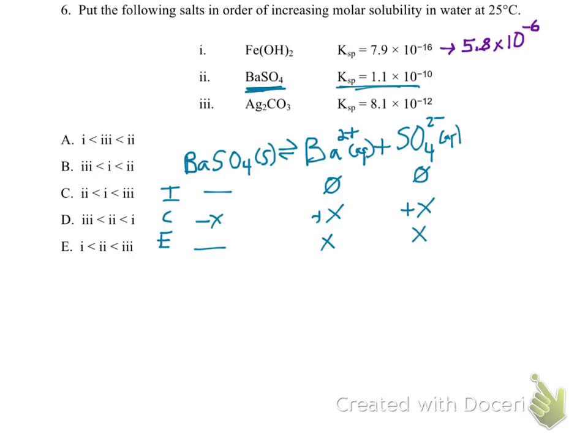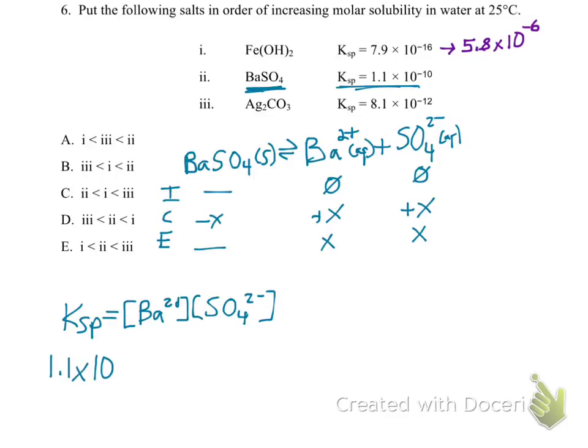Okay, so now we have our ICE table. It's time for us to move on to our equilibrium expression. KSP is going to equal the concentration of barium 2 plus times sulfate. So we'll plug in our values for this. The KSP is 1.1 times 10 to the negative 10th.